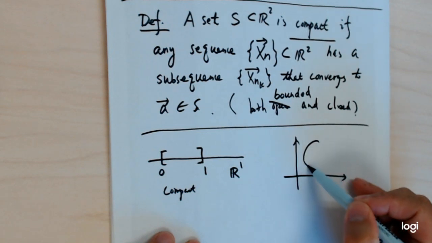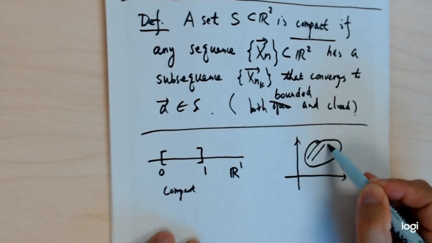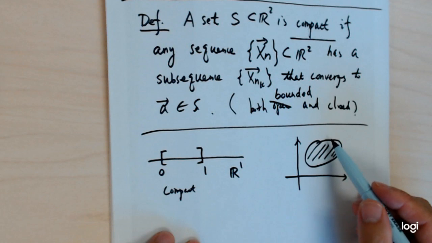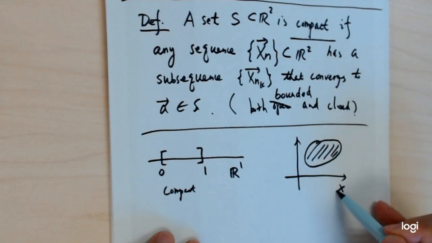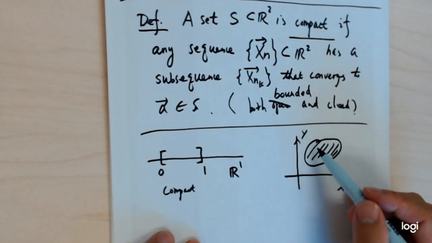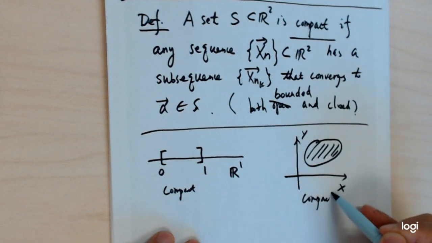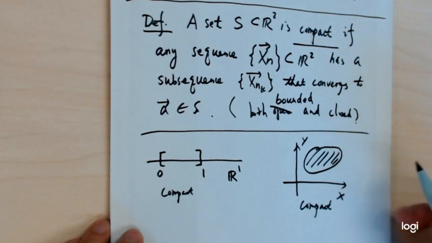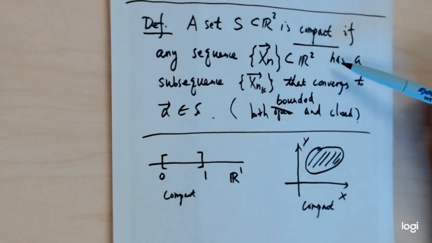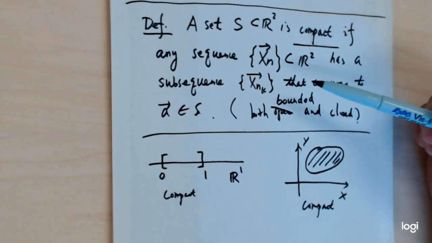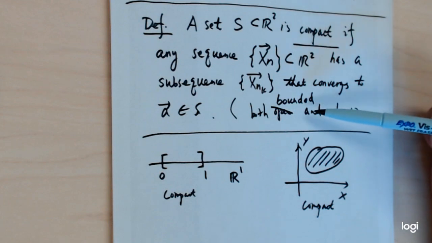So for example, a set like this in R2 that is both bounded, so where the x value and y value are both bounded, and it's being a closed set. This is also an example of a compact set. The general meaning of compact set is defined by this definition here. Okay, any sequence that has a subsequence converging to a point in S.